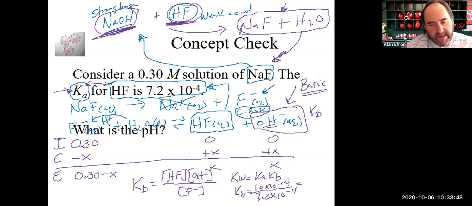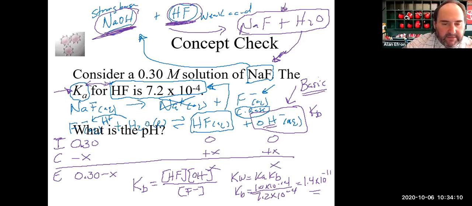And if we do that, we get about 1.4 times 10 to the minus 11 as our KB value. So we definitely want to use that KB value.